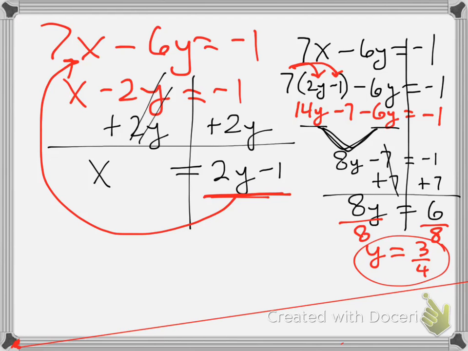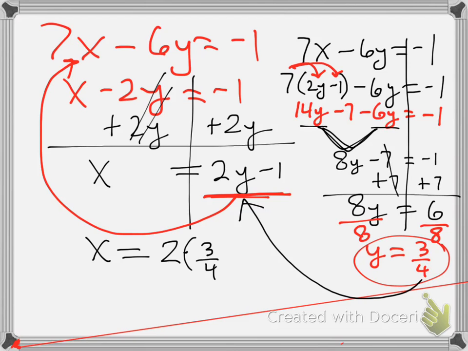That's okay though. Hopefully I wrote the problem down right. Now we take this number that we got and we plug it in right here to get x. So x equals 2 times y, but we don't want to use y because y is 3/4. So we'll put 3/4 in there, minus 1.